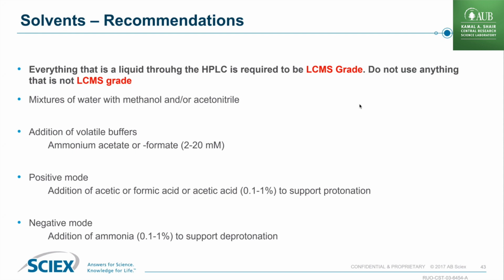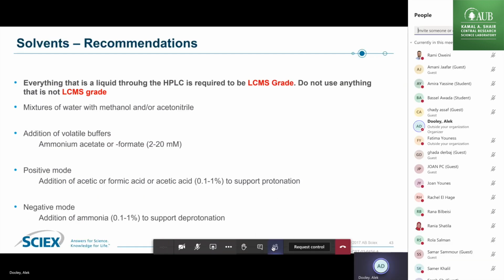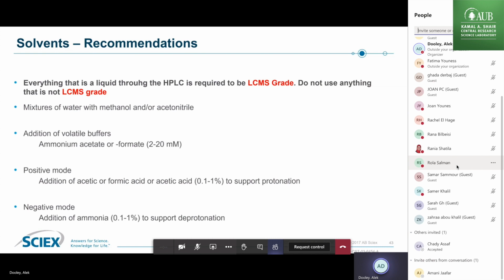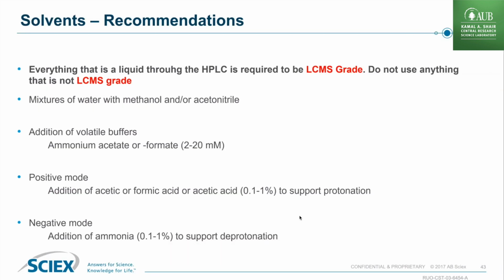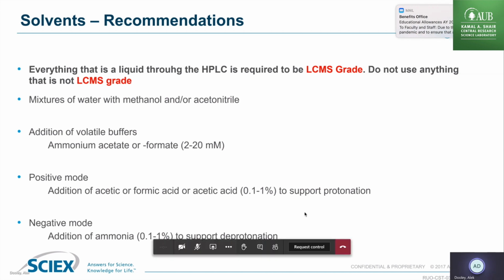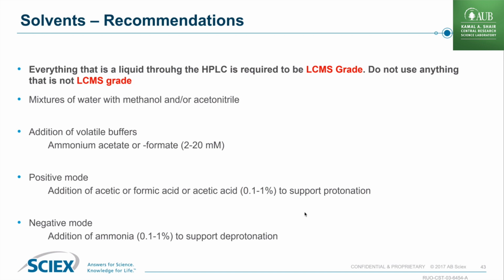Ammonium acetate and ammonium formate are hygroscopic substances. Hygroscopic means that they absorb water very readily, as moisture from the air when the bottle is opened and so on. And this causes them to become dirty very quickly. So I highly recommend, also because it's expensive, that you buy ammonium acetate and ammonium formate in a small size, 50 grams.